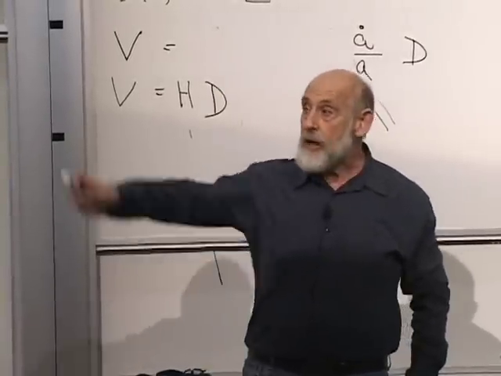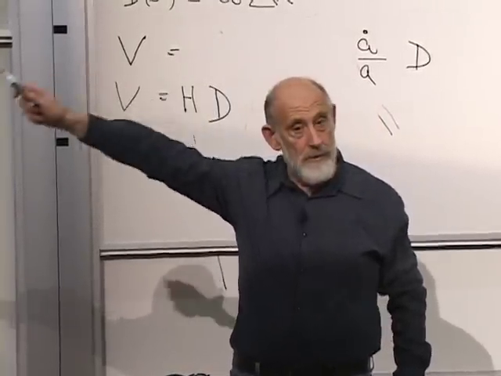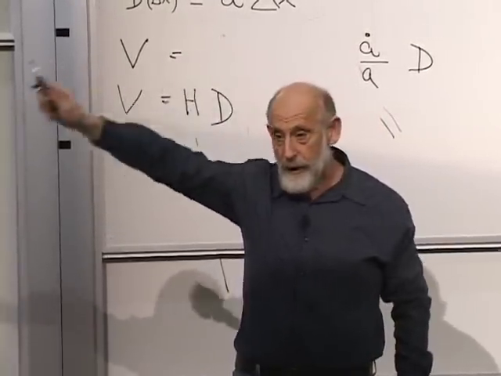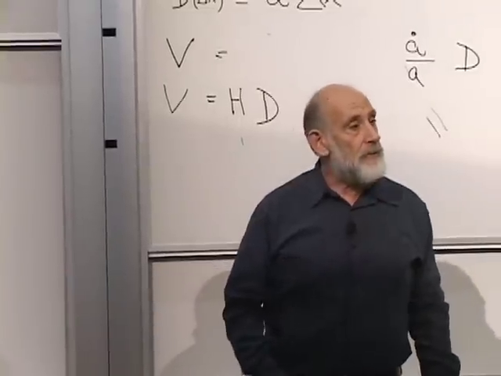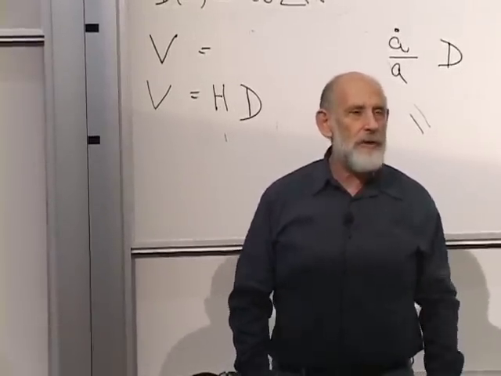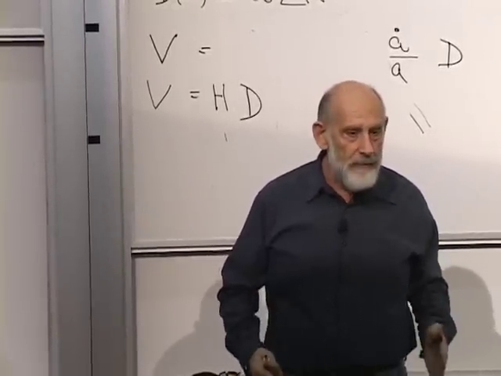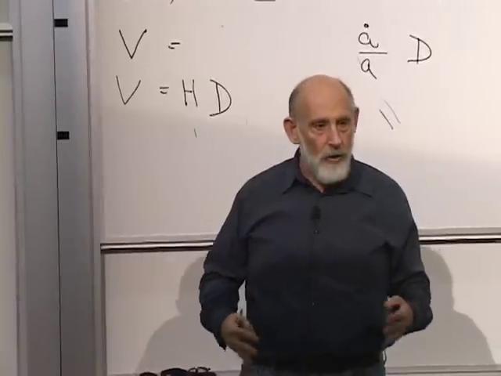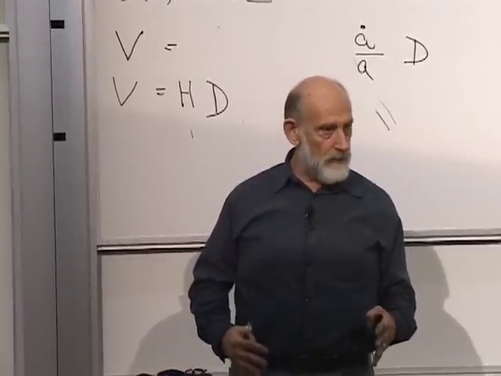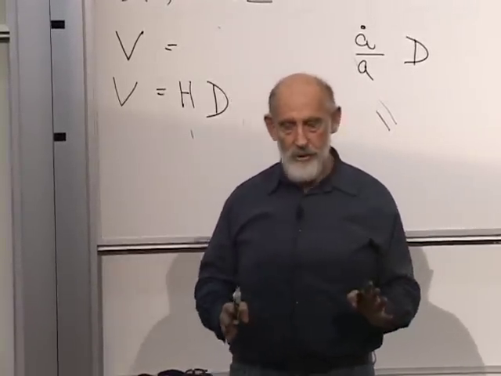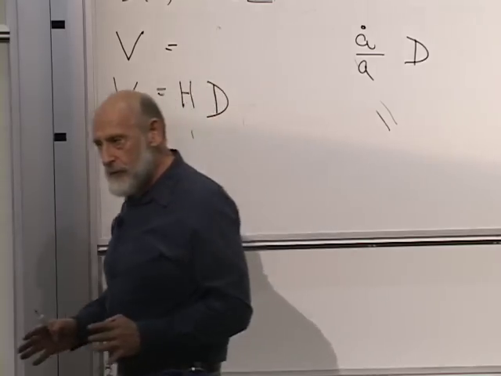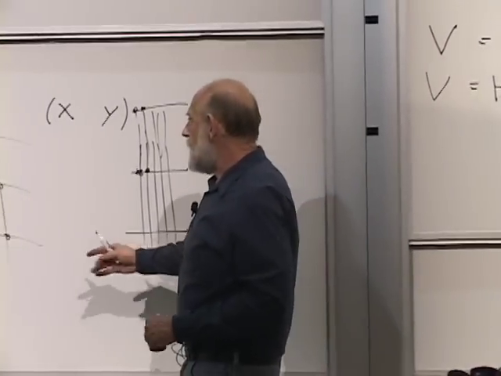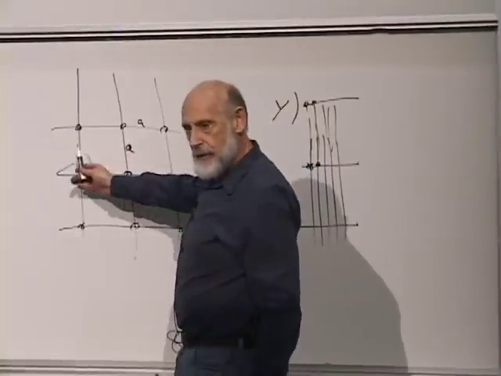We see the same distribution of galaxies pretty much in every direction in the sky. There's a principle involved. It's not a principle. It's actually just a name for that fact. It is called the isotropy of the universe. Two basic names. The homogeneity of the universe. That means everywhere is the same.